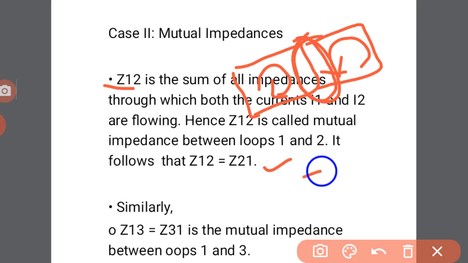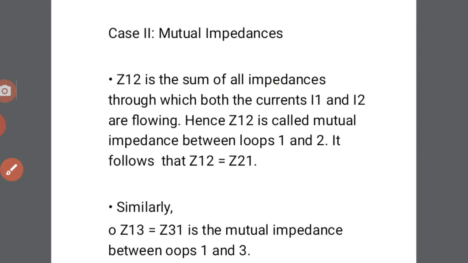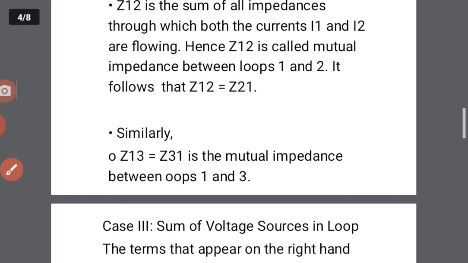Whatever impedance it is, if two currents, I1 and I2, are flowing through it, then that impedance is called a mutual impedance. This mutual impedance Z12 is equal to Z21, that is the symmetric property. Similarly, Z13 is equal to Z31, the mutual impedance between loop 1 and loop 3.